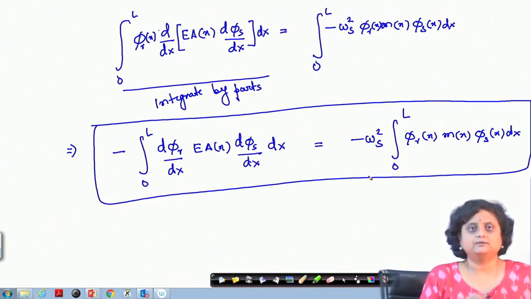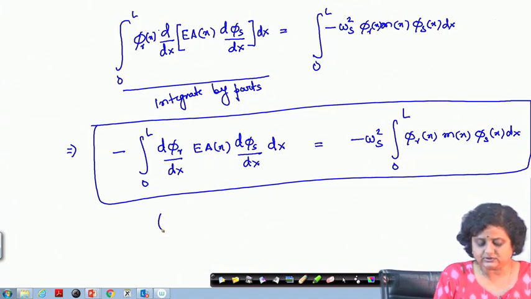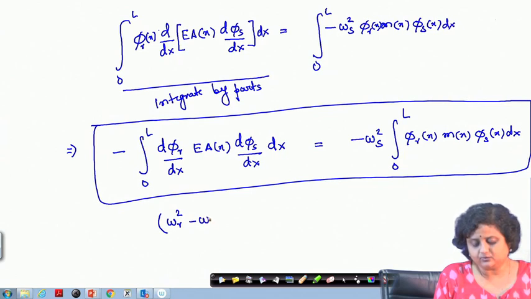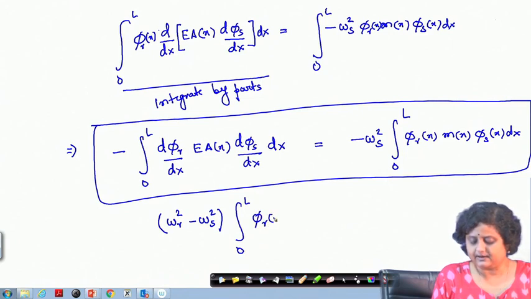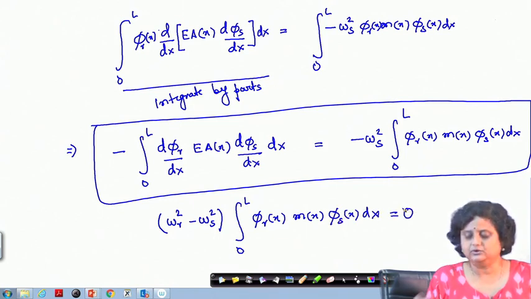So, if we subtract the previous equation from this equation, we are just left with omega r square minus omega s square into integral 0 to L phi r x m x into phi s x dx is equal to 0.